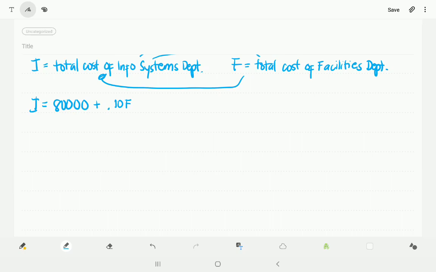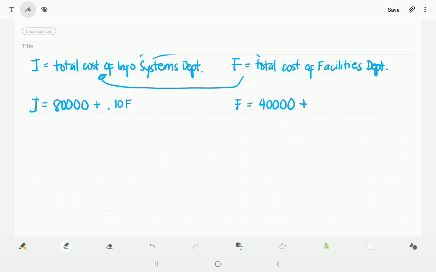Now, for the facilities department, our equation will be the direct cost of 40,000 plus whatever benefit the facilities department has derived from the information systems department.